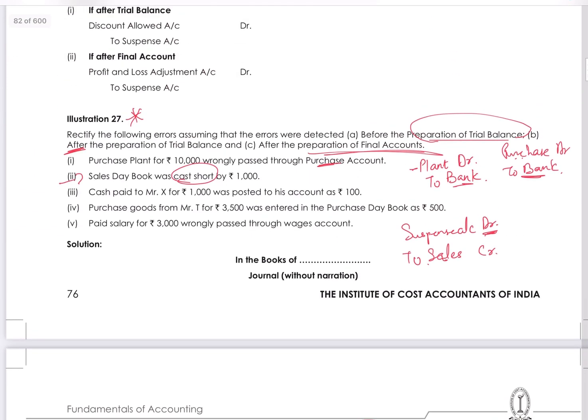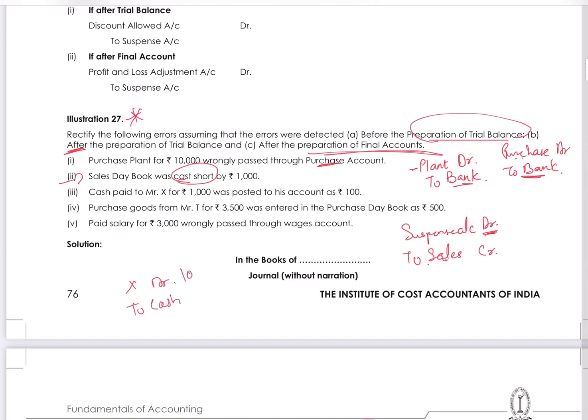Okay. Next. Cash paid to Mr. X for 1000 was posted to his account as 100. So here is a wrong figure, but the entry was right. Cash paid to Mr. X means X was the receiver, so X is debited and cash goes out, so cash is credited. This was the entry.